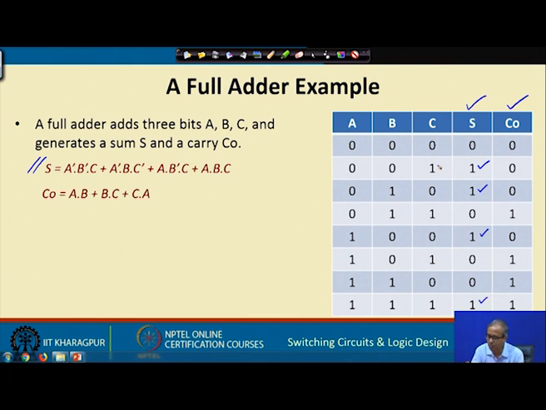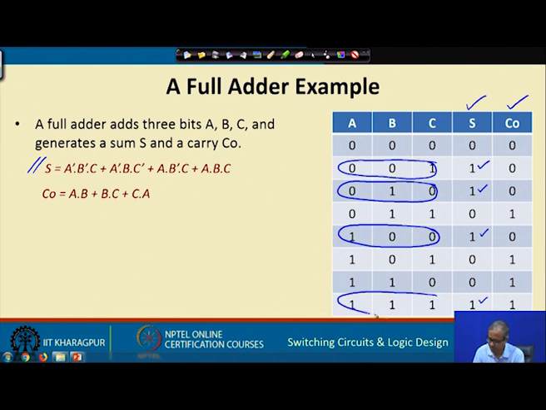Then you look at the corresponding input combinations for which this sum will be 1. If it is 0, you use that variable in complemented form, a bar. If it is 1, you use it in uncomplemented form, C.